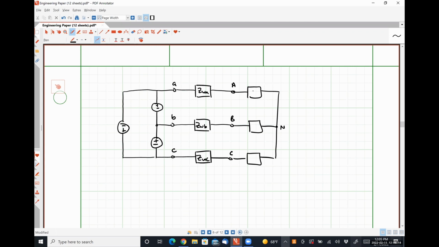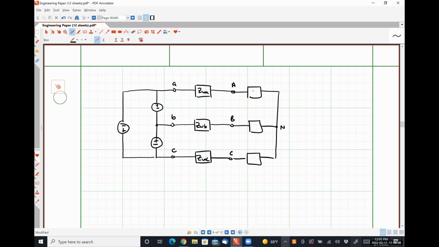So is this load Y connected or delta connected? Alexis, is the load Y connected or delta connected? So the presence of a neutral terminal here, even if there's not a wire going to anything else, makes this guy have to be Y connected.